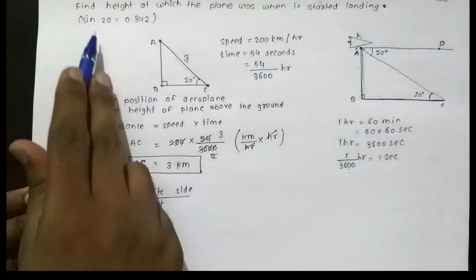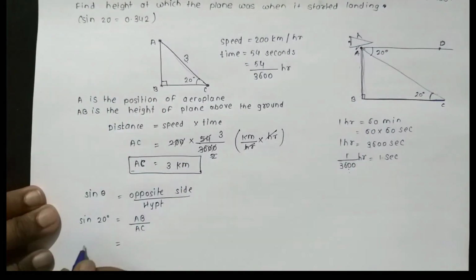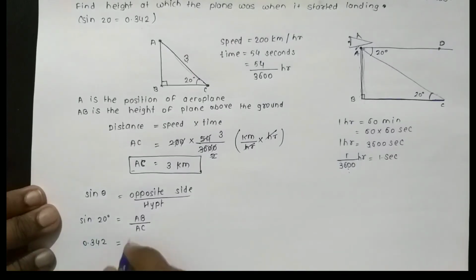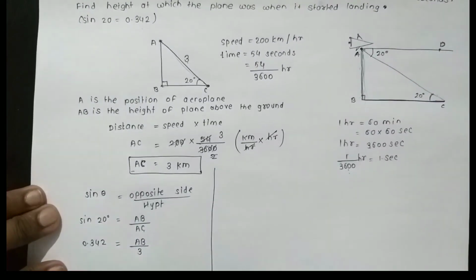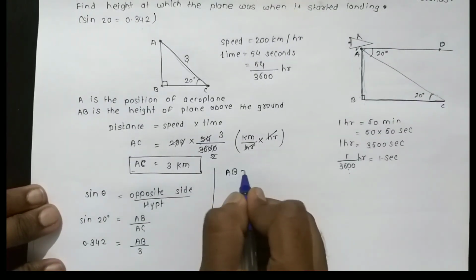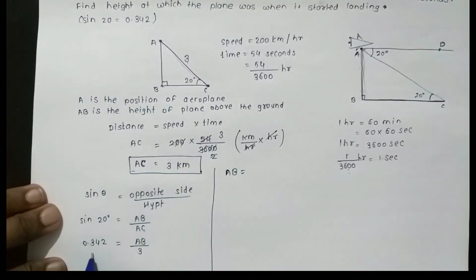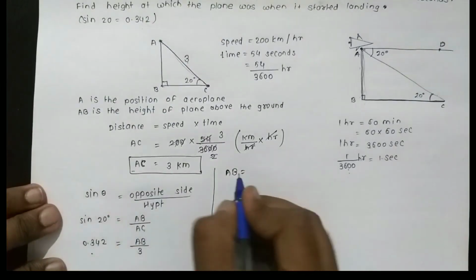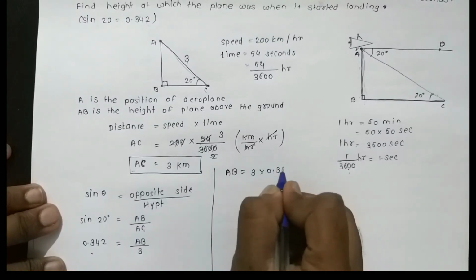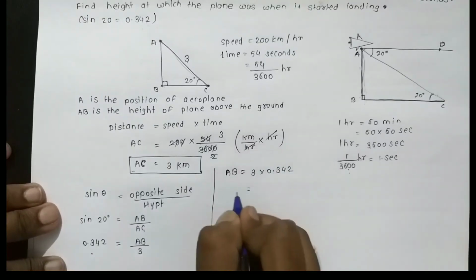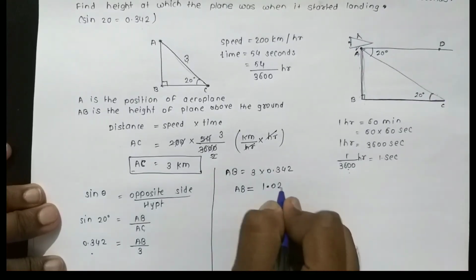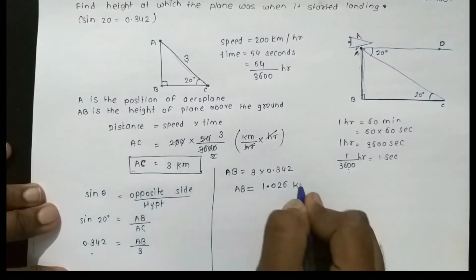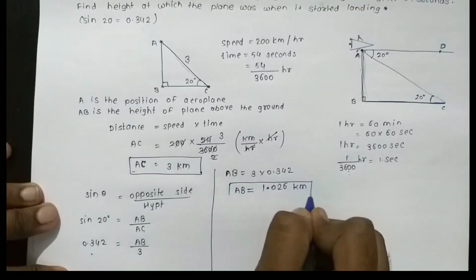Sine 20 is equal to 0.342. AB as it is upon AC, which is 3. So now cross multiply. AB is equal to 3 multiplied by 0.342. By multiplying we get the answer 1.026, and it is in kilometers.